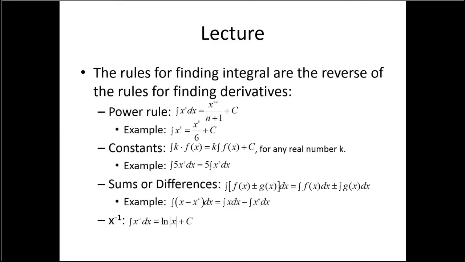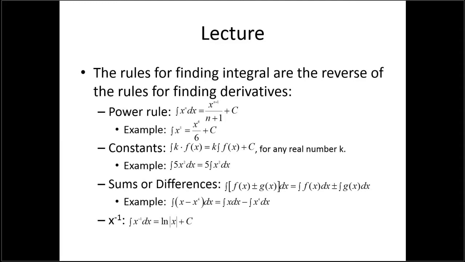The rules for finding integrals are exactly the reverse of the rules for finding derivatives. The power rule, if you remember that for derivatives, was to decrease the exponent and throw it in front. Here, you increase the exponent and you divide by it.